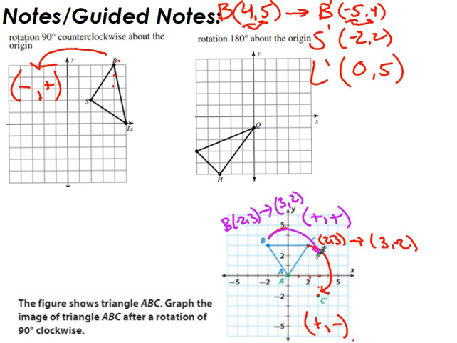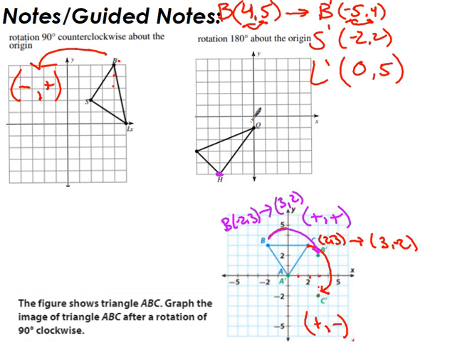Now with 180, 180 is a little bit different. 180, we actually don't swap our x and y. So it makes it a little bit easier. With 180, all we're doing is we're just changing the sign of our points. So here's what I mean. This h right here, it's wanting me to go 180 degrees. 180 degrees means to go to the quadrant diagonal from it.